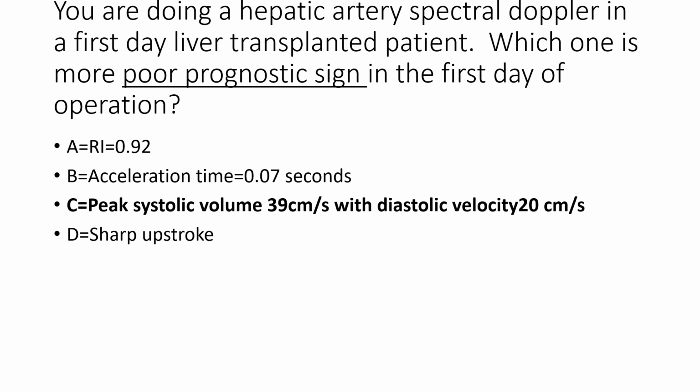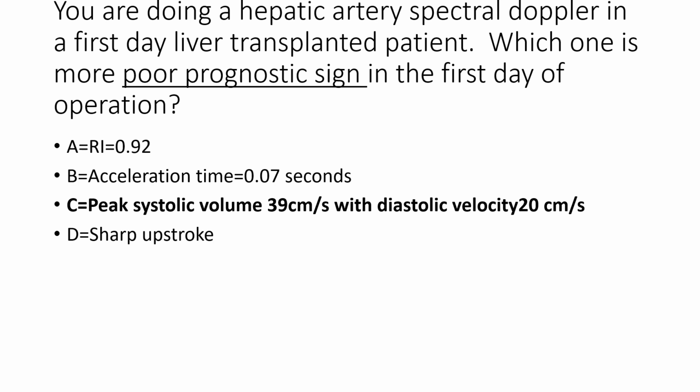Yes, correct. It is peak systolic velocity 39. Why? Because it actually shows tardus parvus. Low peak velocity, high diastolic velocity, acceleration time here is normal. But with tardus parvus, acceleration time is high.